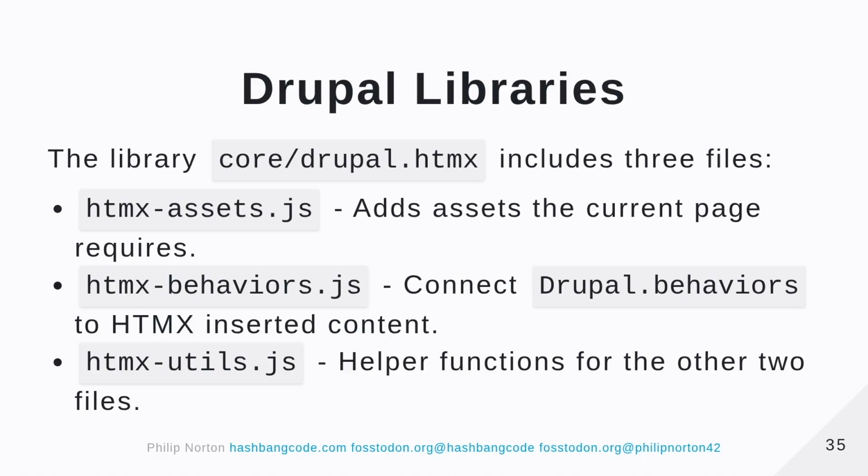So let's say, HTMX assets, for example, let's say you render a node on the back end and send it to the front end. That node might contain some CSS rules of its own, and you want those to be on the page as well.